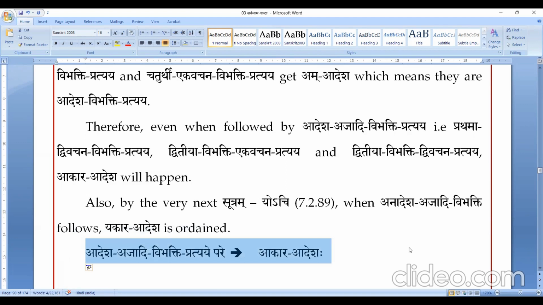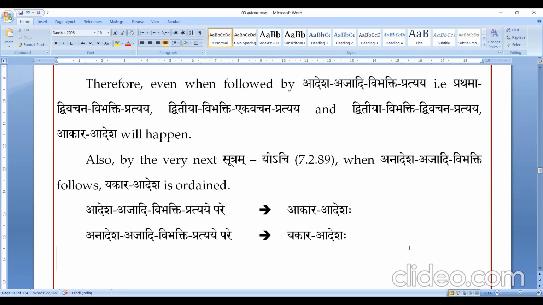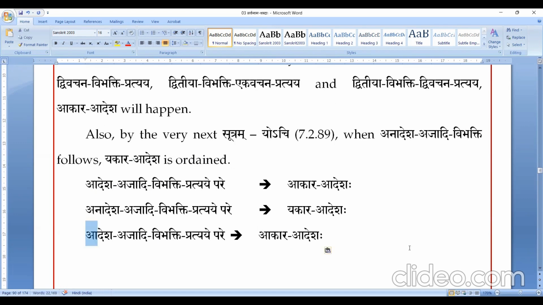Then Anadesha Vibhakti Pratyaya Pare will get Yakara Adesha.